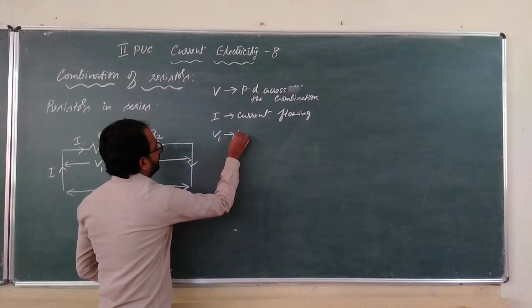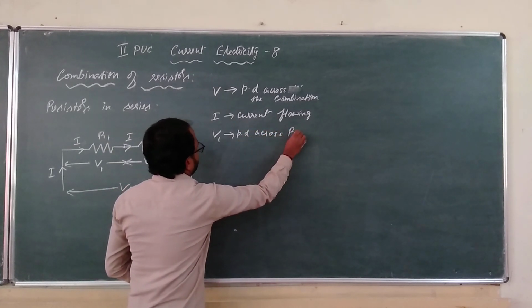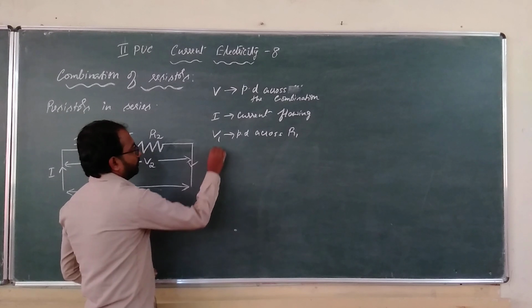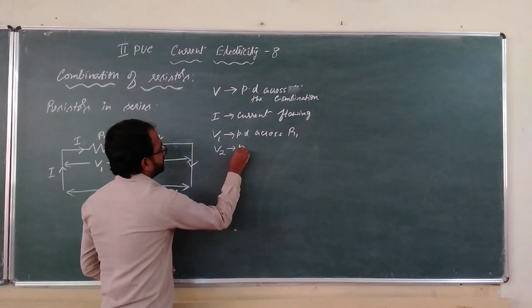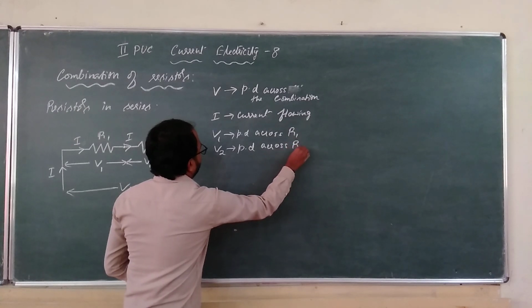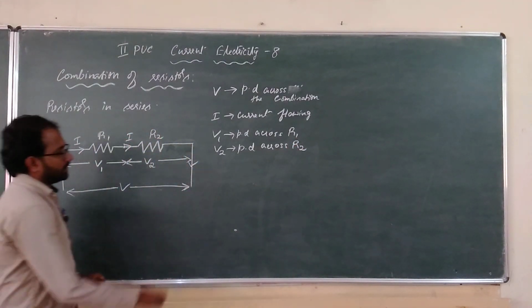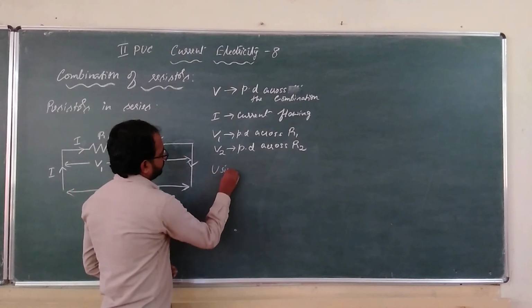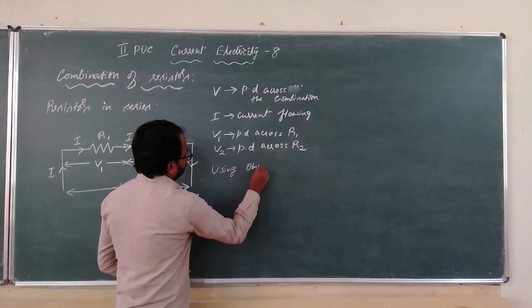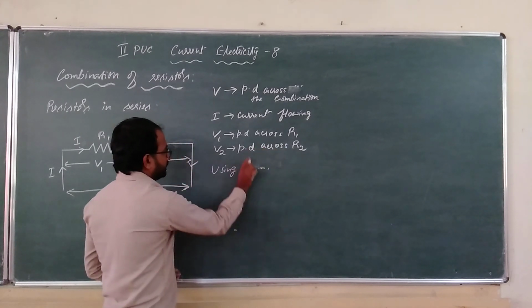V is the potential difference. V1 is the potential difference across the first resistor of resistance R1. V2 is the potential difference across the second resistor of resistance R2. Okay, using Ohm's law, first, what about the net potential?